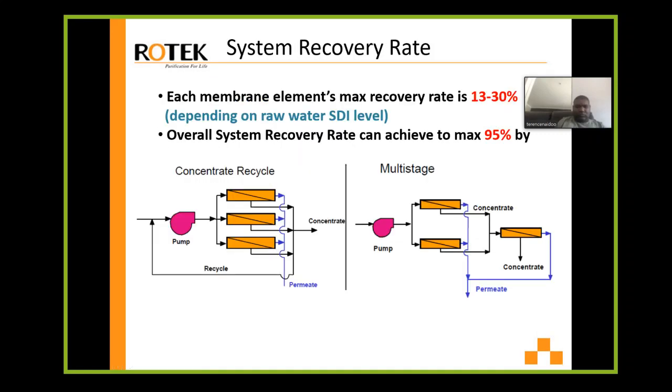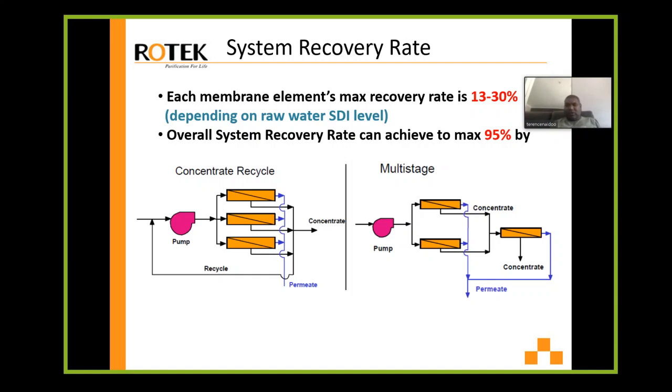Okay, let's move to the next. System recovery rates can be achieved by two different strategies: concentrate recirculation and multistage. Okay, this you already know, so can we skip this? Wait, let me see that again. Okay, just for the sake, because I'm going to play this to my staff, let's explain it to them.